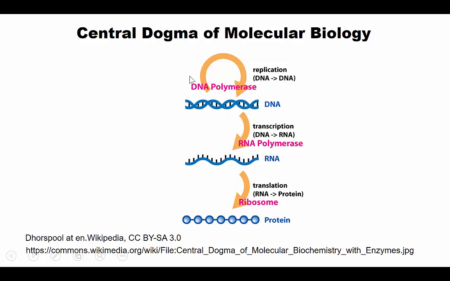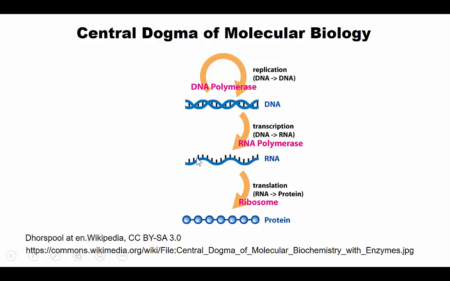So for each stage, if DNA makes exactly the same copy of the structure, that process we call replication. So there is DNA replication, and the enzyme responsible for that we call DNA polymerase. For transcription, we need to use RNA polymerase, which uses DNA as a template and makes RNA.